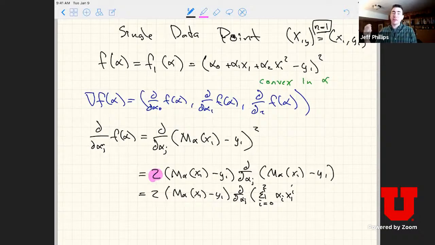Remember, anything to the power 0 is 1, so that's how we get the constant term, minus y1 here.